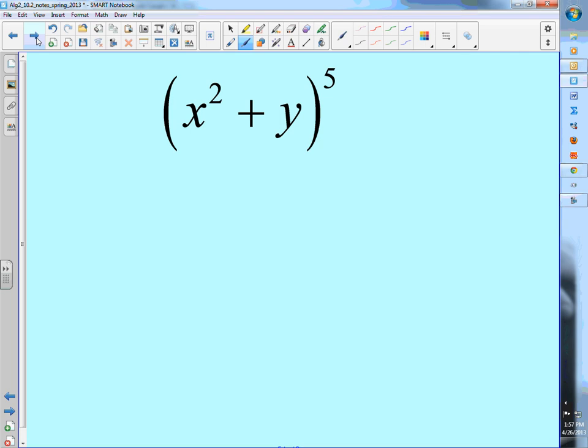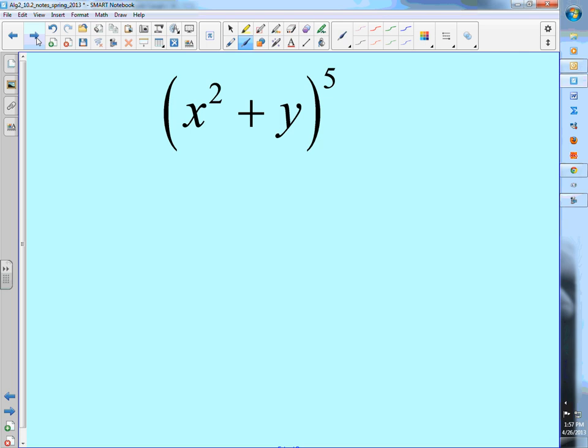We still went with a plus, so that makes everybody plus. But we have a power of 2 on the x. So my first term is not x, it's x squared. My second term is y. My power on the binomial is 5, so I'm using the 5th row of Pascal's triangle.